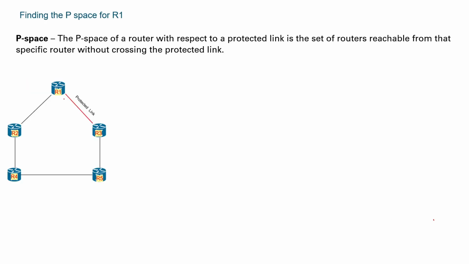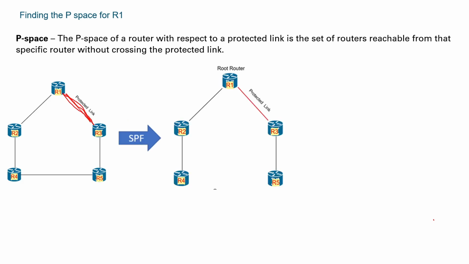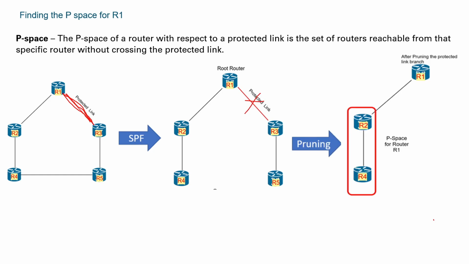So let's say this is the diagram and we are protecting the link between R1 and R3. For R1, if we run the SPF, this is the SPF graph for R1. If we remove this particular link, this has become the P space for router R1.